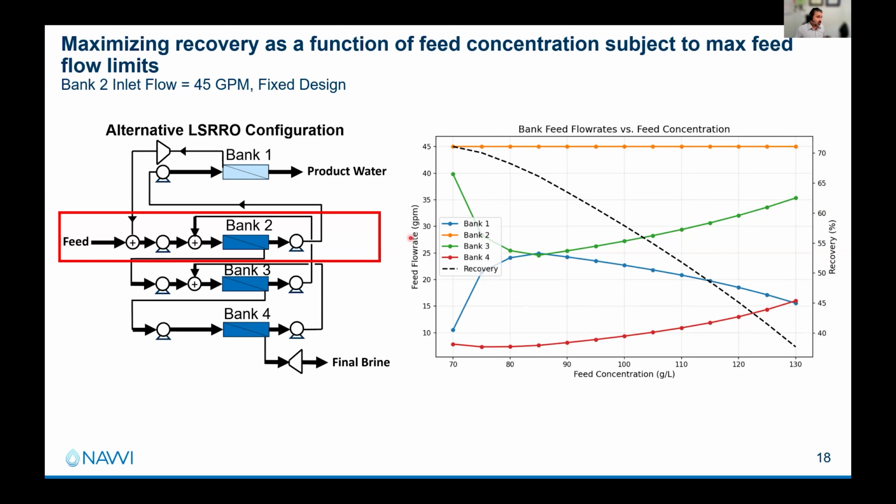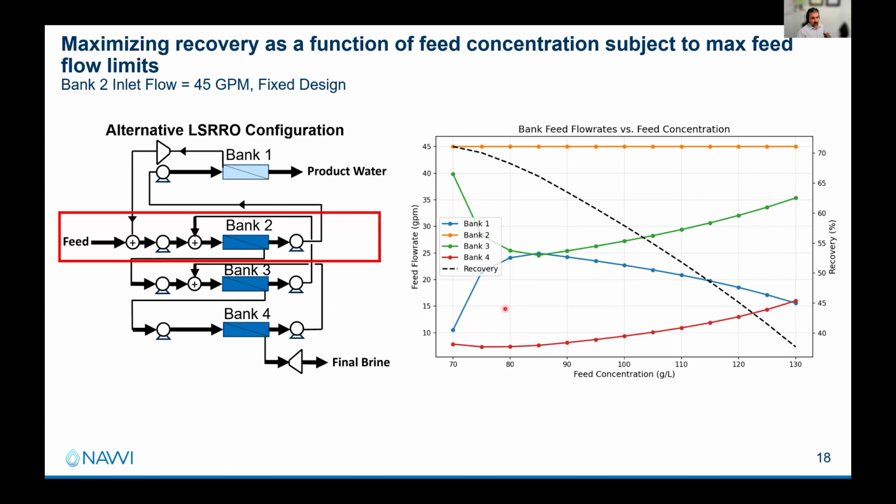And on the primary y-axis, you have feed flow rate. So you can see how this guides the operator on what the feed flow rates would need to be as a function of feed concentration and max recovery for every train, right? Here's an example of some of the technical insights, pretty simple, but something that answered a question that the team had that was useful.